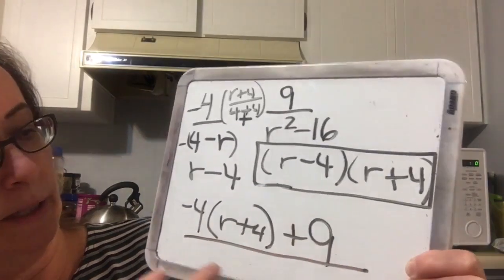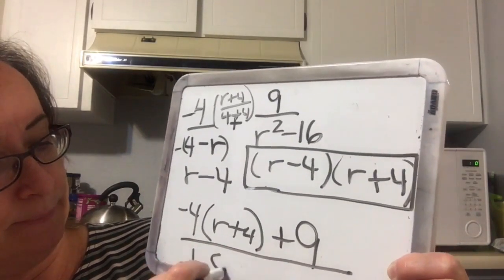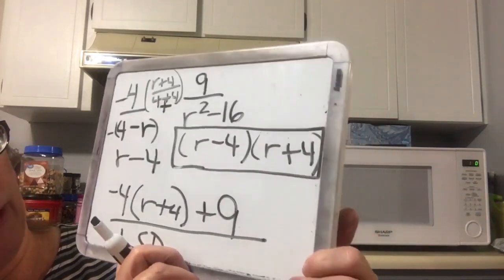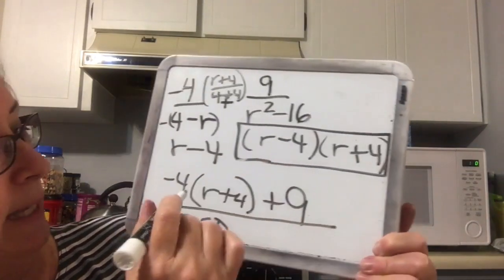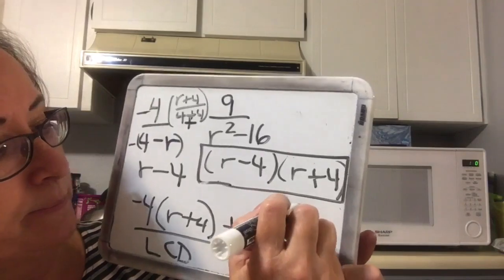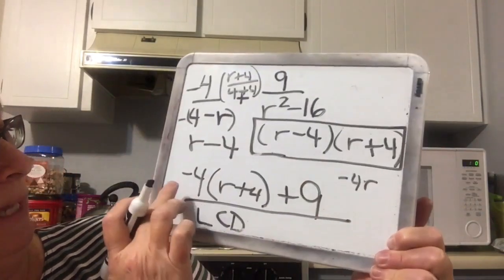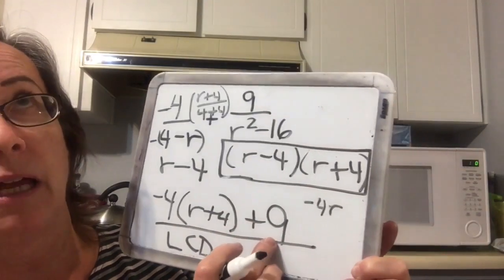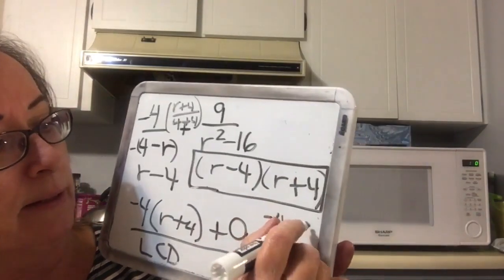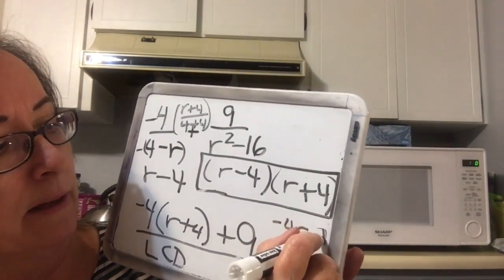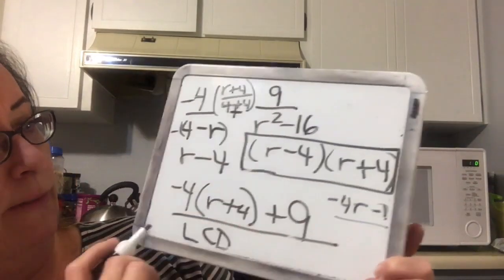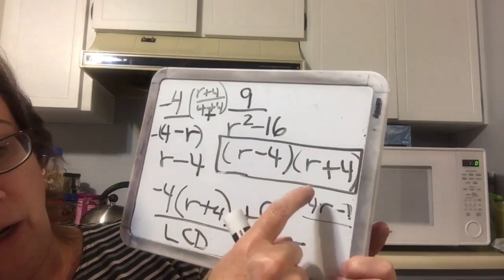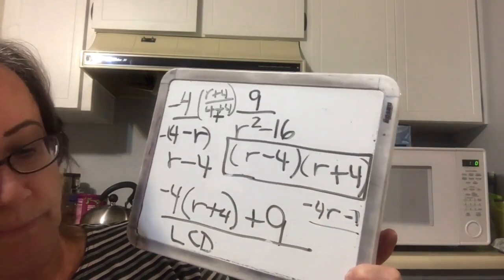all over the LCD. So when I simplify this, I'm going to wind up with negative 4r, and then negative 16 plus 9 would be negative 7, all over the LCD, which is r minus 4, r plus 4.